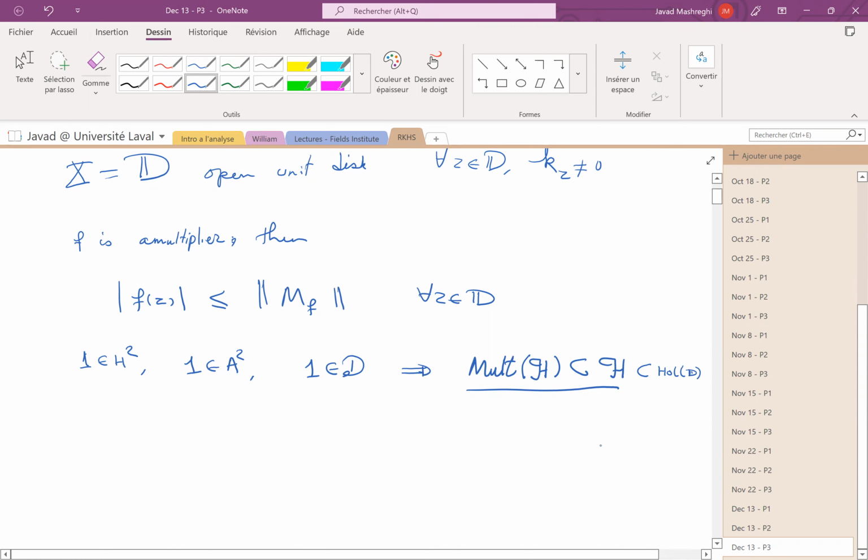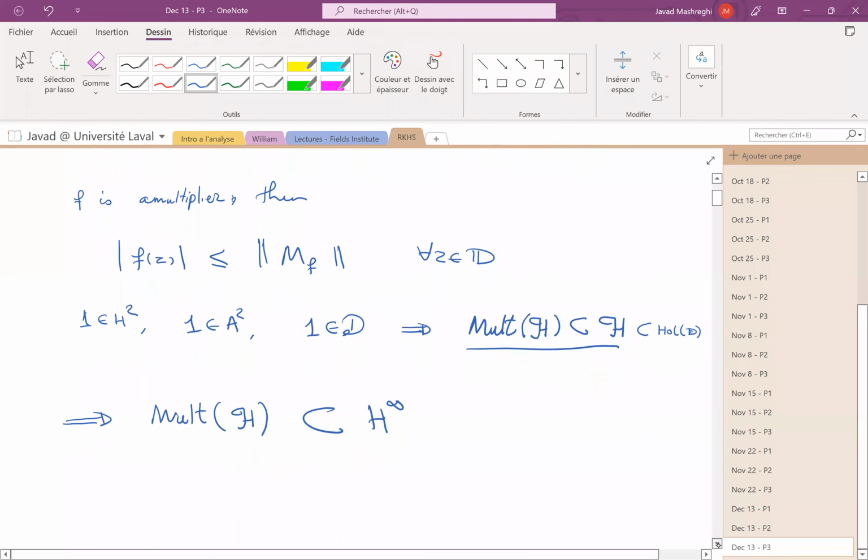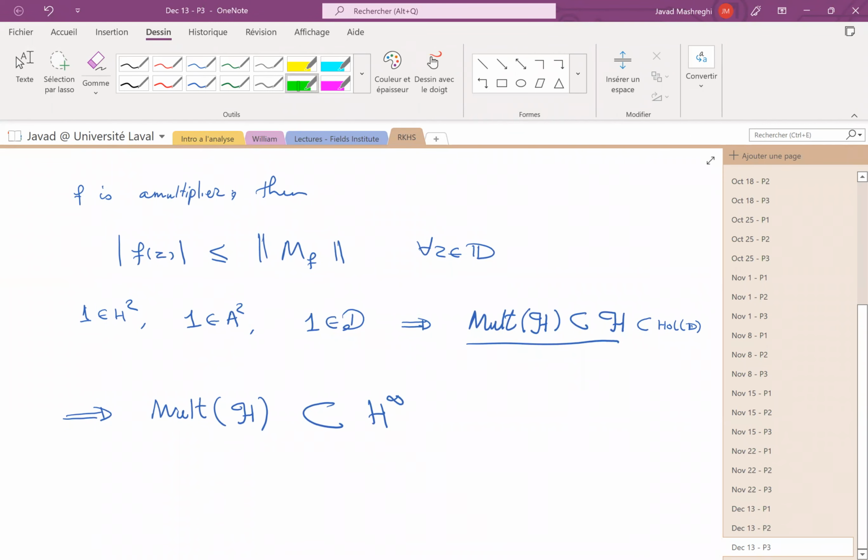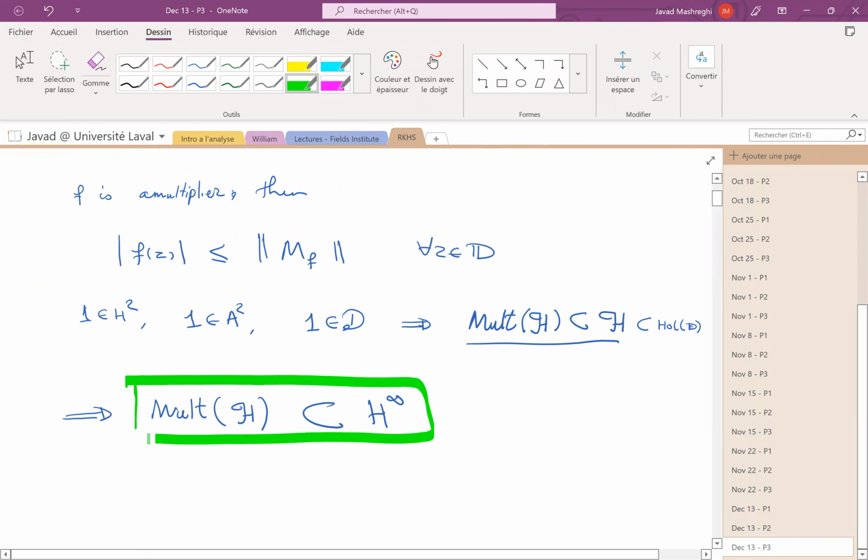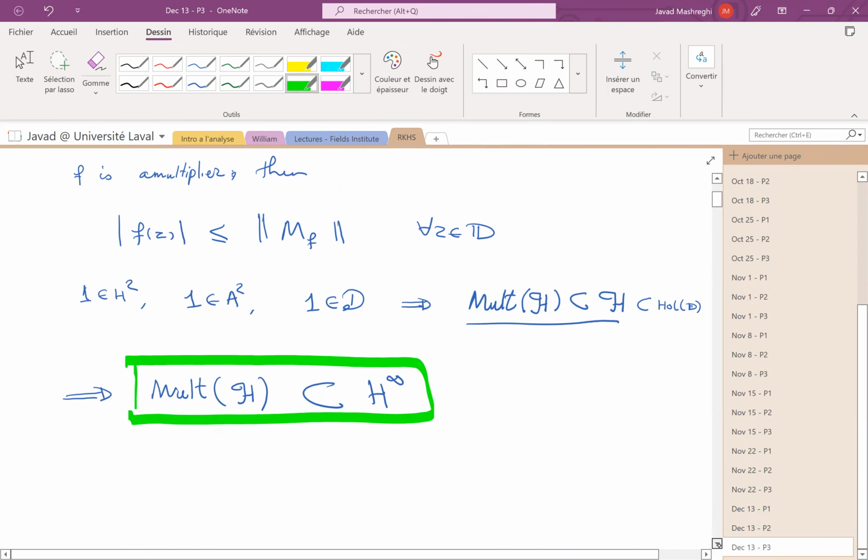In this case, there is no danger to say that the multiplier of each space is in H infinity. They are analytic and also bounded.